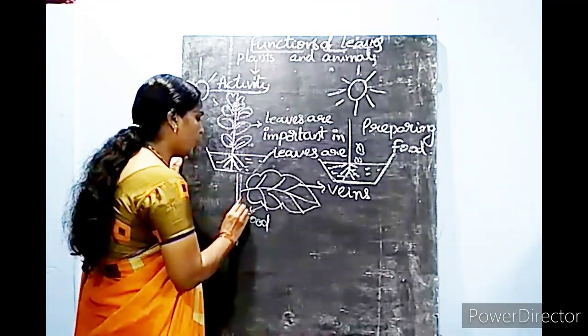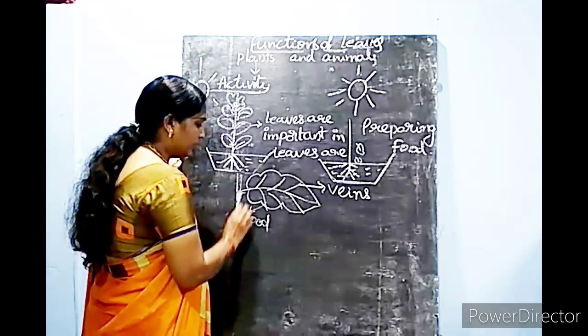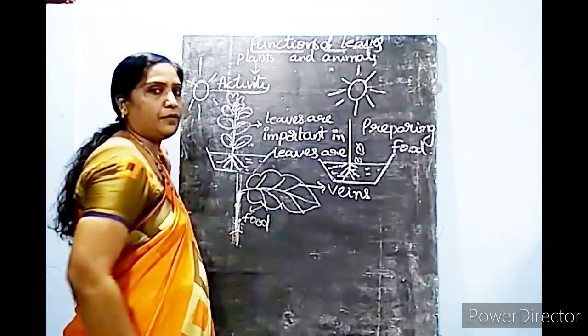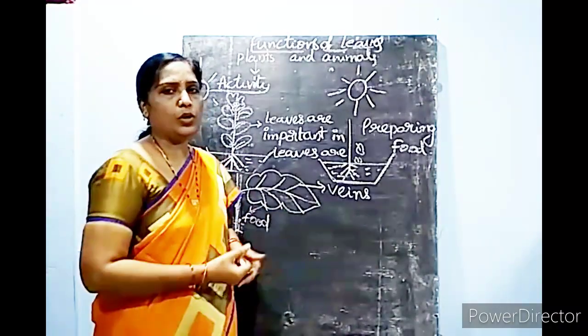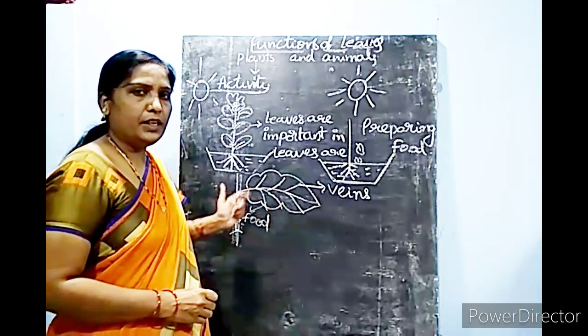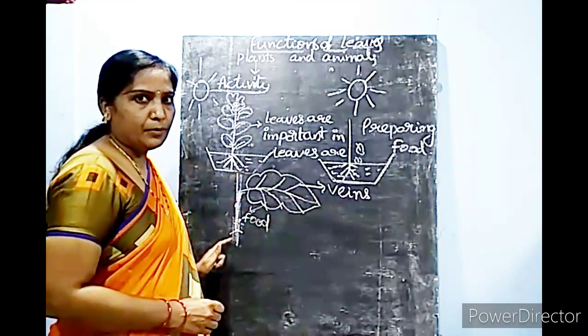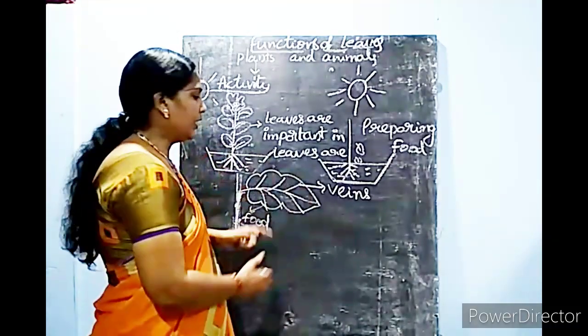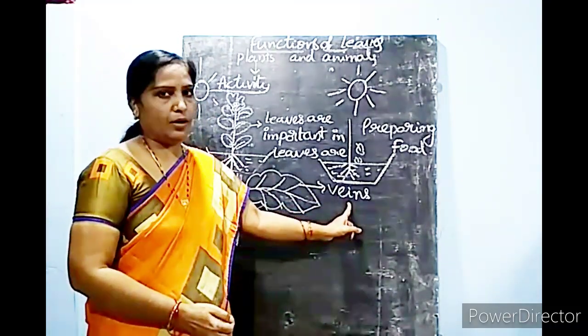They are taking the water from the roots and the stem, and passing it to the leaf. So they are transporting water, and they are also transporting food. Food goes from the leaves to different parts, and water is transported from different parts to the leaf. That function the veins are performing.